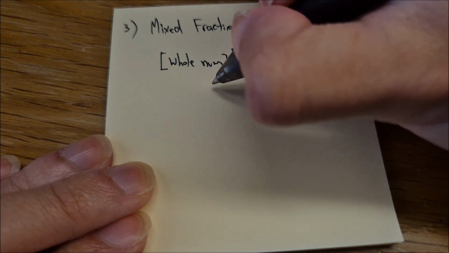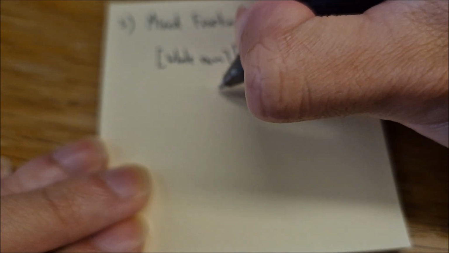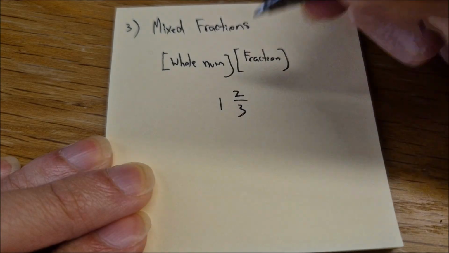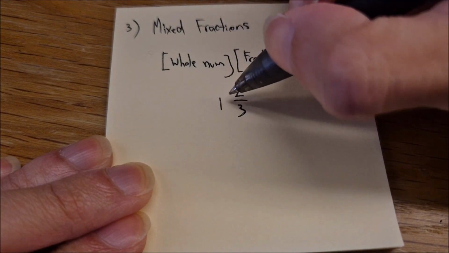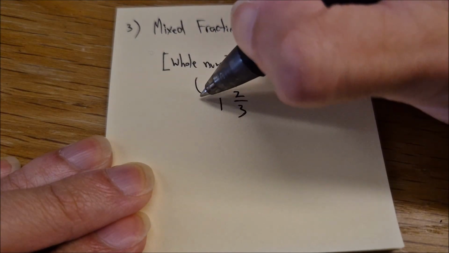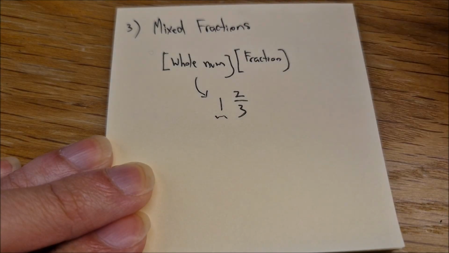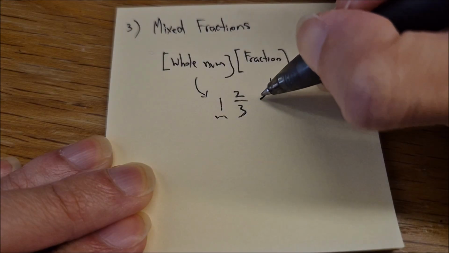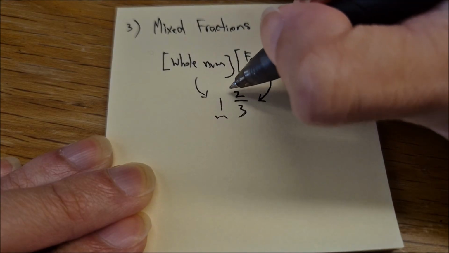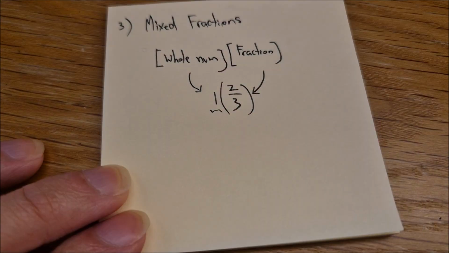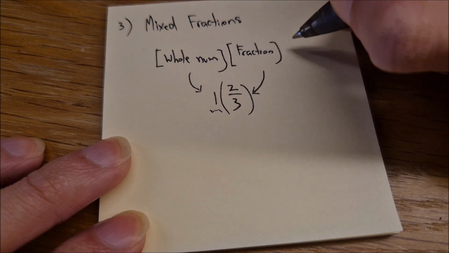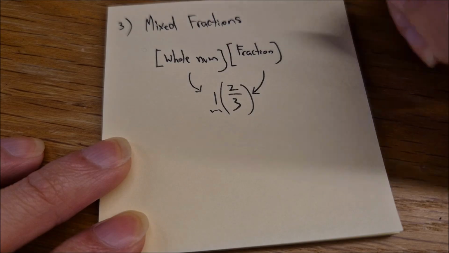For example, you could have 1 and 2/3. The whole number is your 1, and your fraction, which is next to the 1, is this. And I'll likely do another video on converting mixed fractions as well.